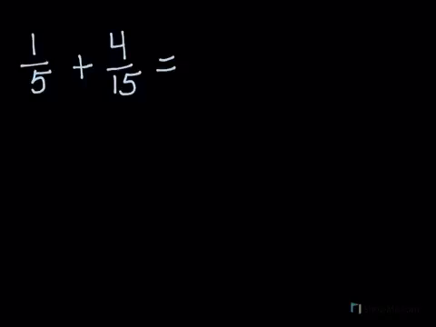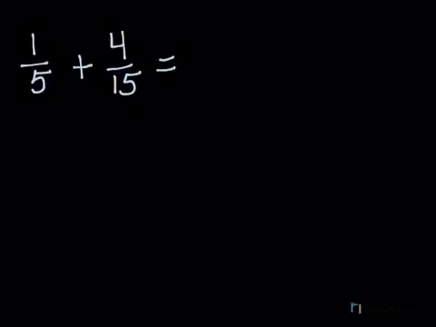We're going to have to use what we know about equivalent fractions to review adding fractions. In this example, I have 1/5 plus 4/15. The denominators are different, so I have to find an equivalent fraction.